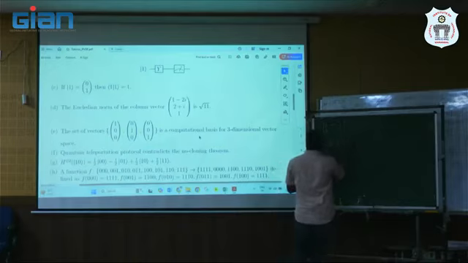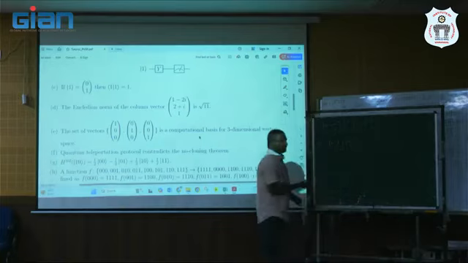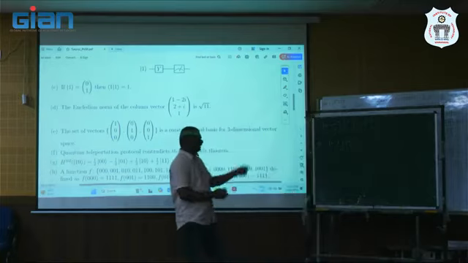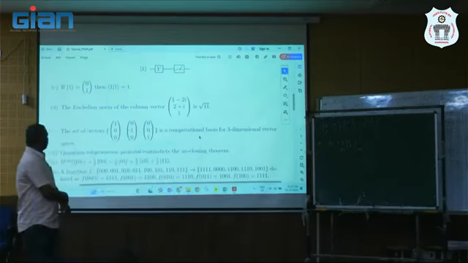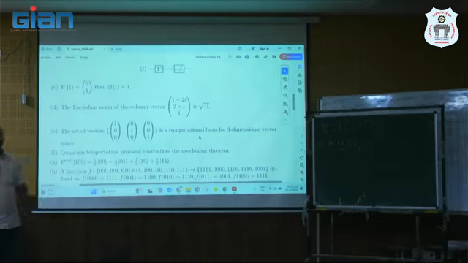Ket 1 is the column vector 0 1. So are we going to get a scalar or a matrix? 1 by 2 and 2 by 1. Are you going to get a scalar or a matrix? A scalar. What is that? 1. So that means it is true.